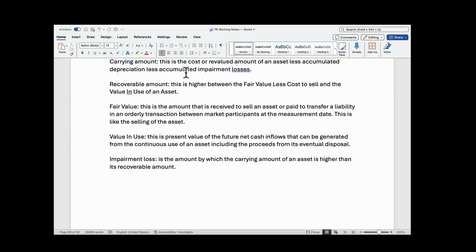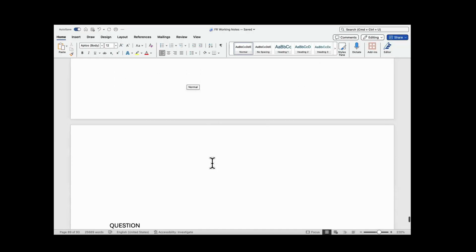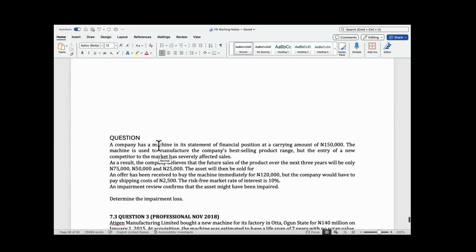However, you need to note that if there is a previous revaluation surplus on the same asset, you then have to debit OCI instead of P&L, to net off against the previous revaluation surplus. If there is any excess over that, it can then go to P&L. So basically, that is all we want to do, really.